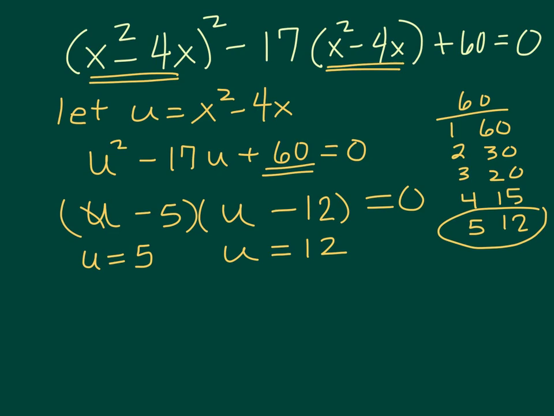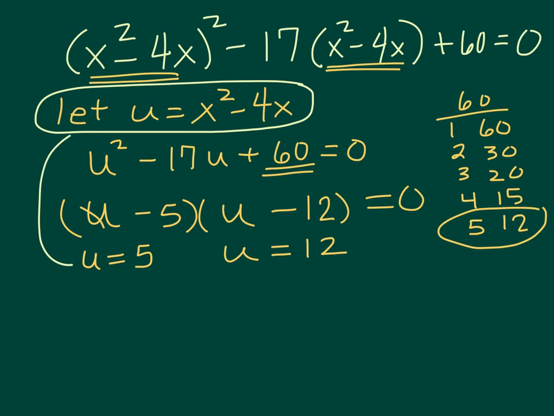Well, again, and it's a good idea to always write this step in, because we can go back and say, well, what was u? And we'll plug this 5 back in. 5 equals x squared minus 4x. This will give us a new quadratic, x squared minus 4x minus 5 equals 0.